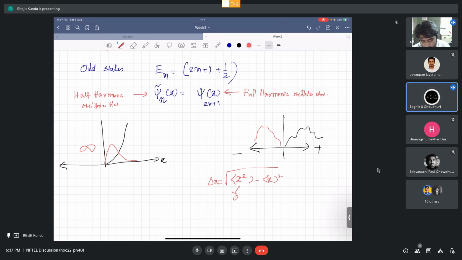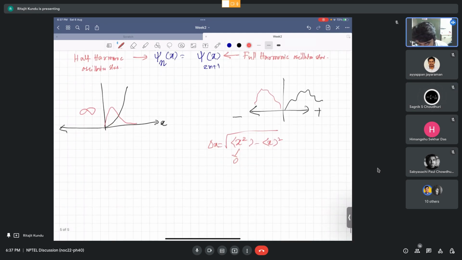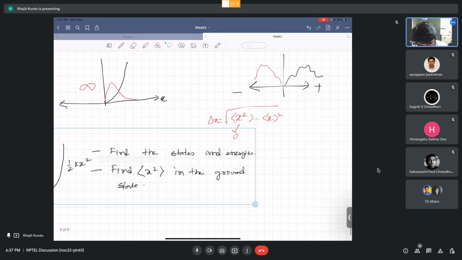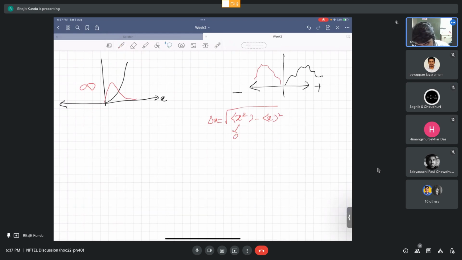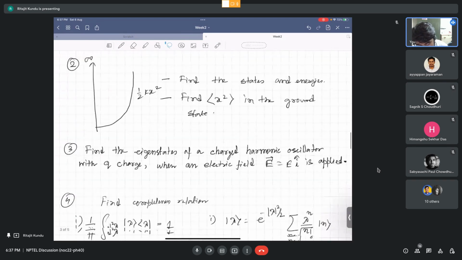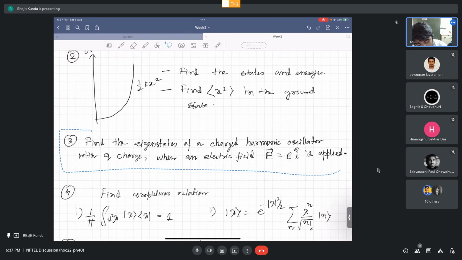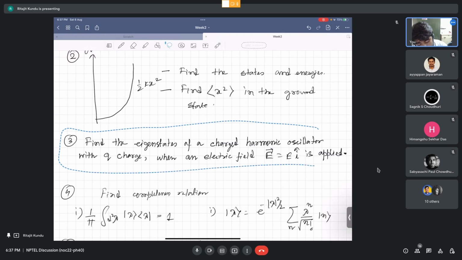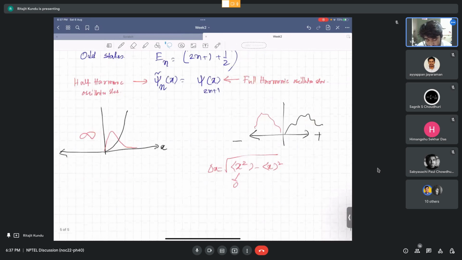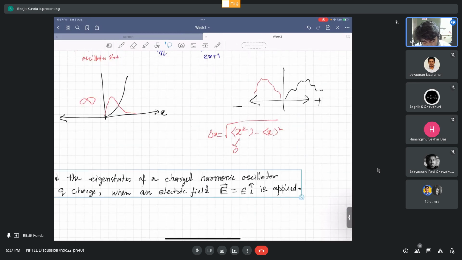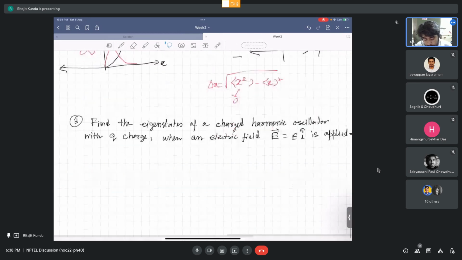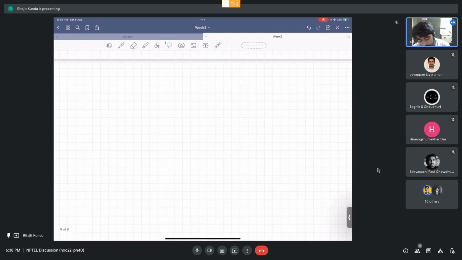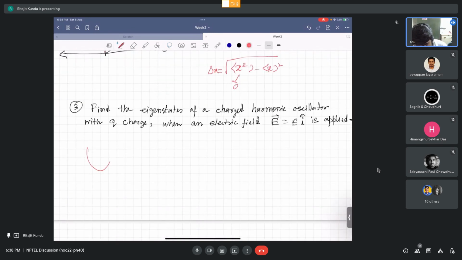All right, so let's move on to the next one. This is another interesting problem. Now, how we did this harmonic oscillator: there is a particle in the harmonic oscillator which has a mass m.